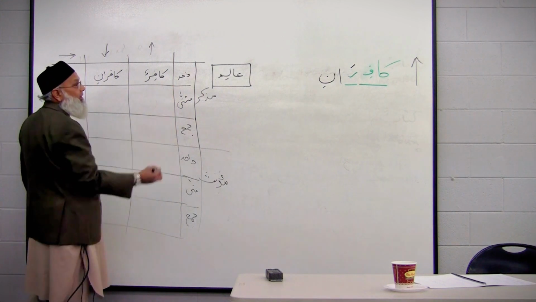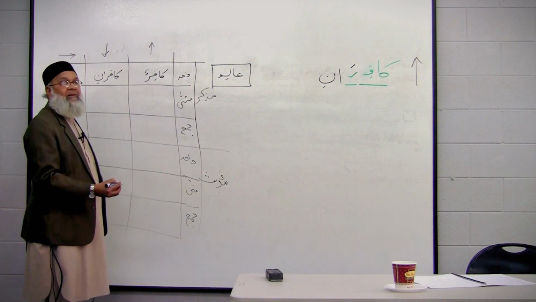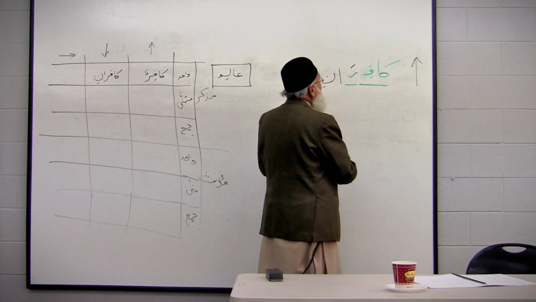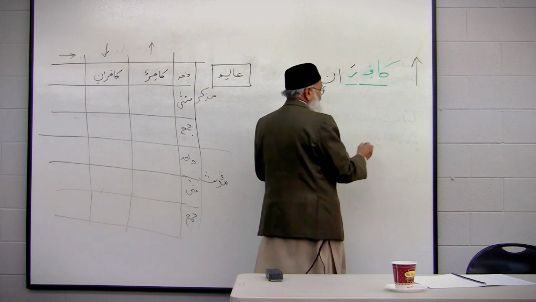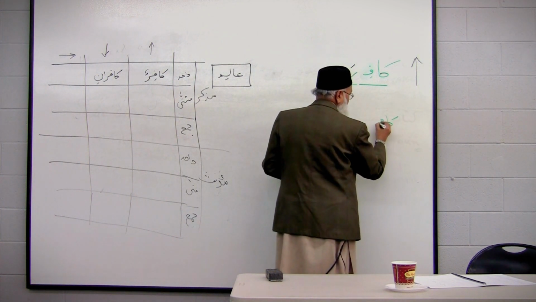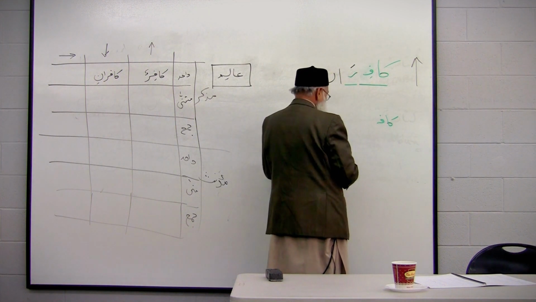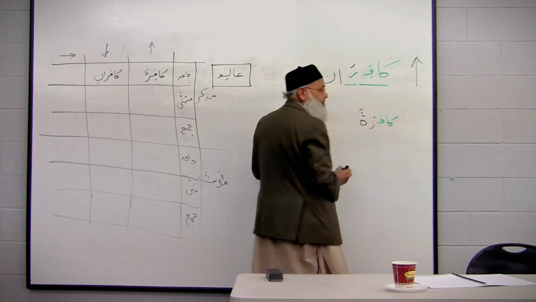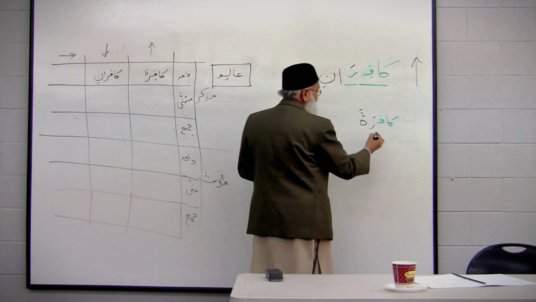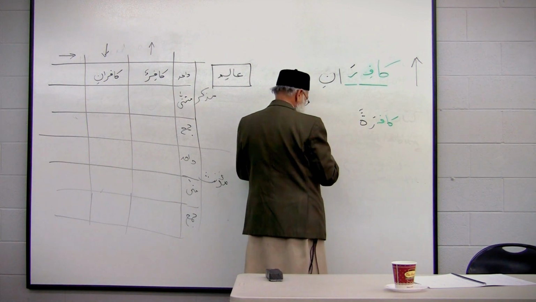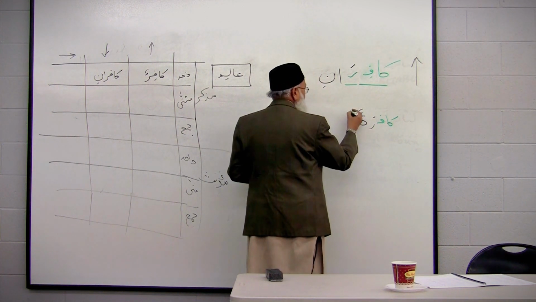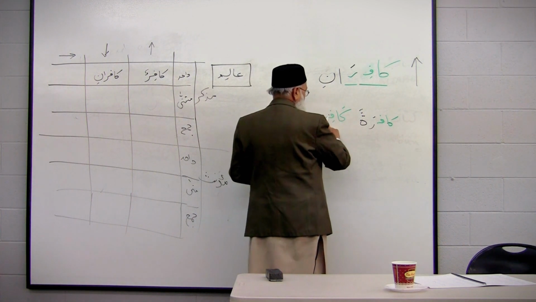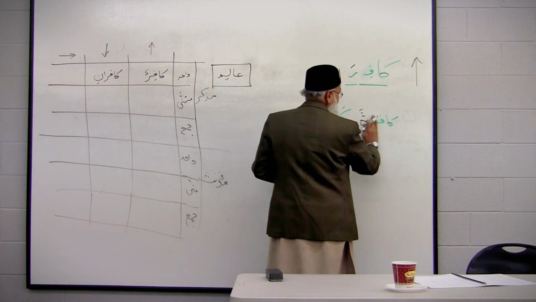So feminine of kafir is kafira. So let's write it on. The feminine of kafirun is kafiratun. Right? So this will become, sorry, no, the last letter was ta.